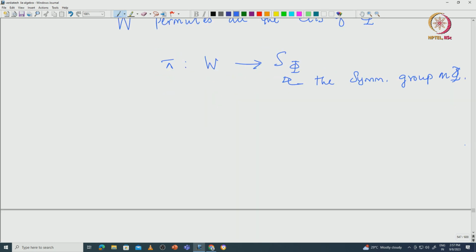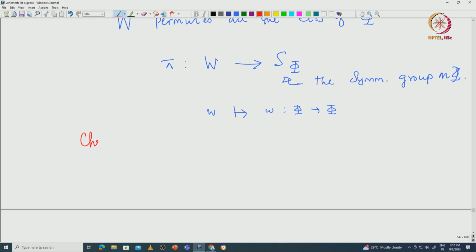So, the map is defined as follows: you take w, and w just permutes phi to phi, so you send it to that permutation w of phi. Okay. Note that this map is actually an injective map. I will leave it to you to check.